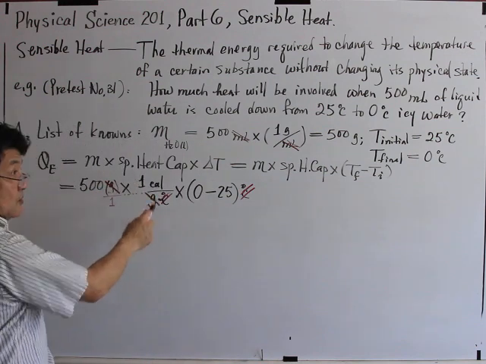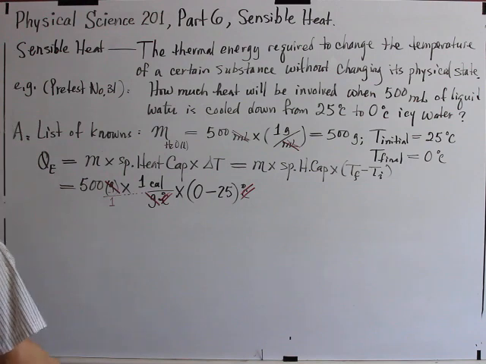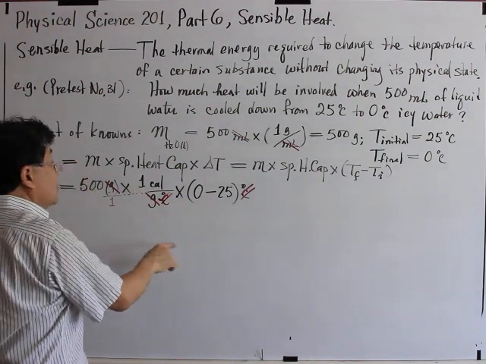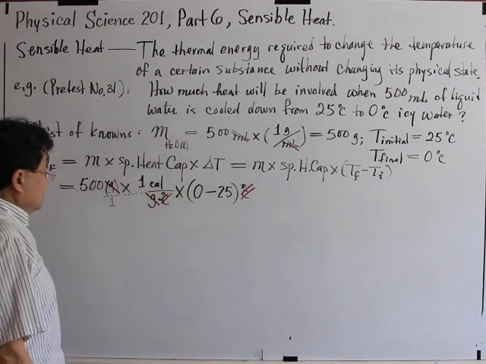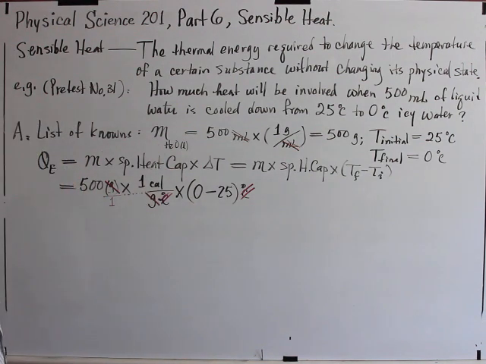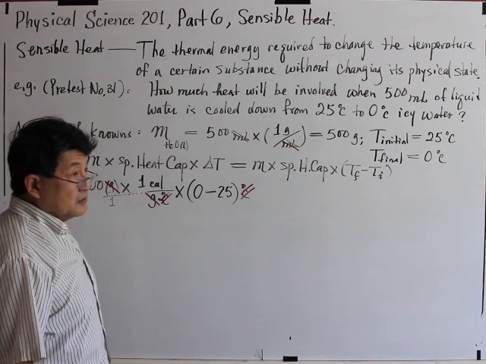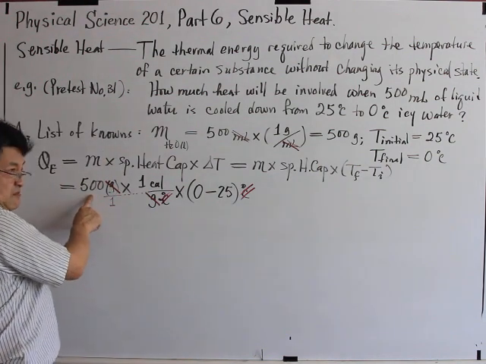Now what is left over is the calorie. That's all we need. So what is the final? The final will be 500 multiplied by 1, still 500, and multiplied by negative 25. Now how can we figure it out? Use mental math, not a calculator. Double it, becomes 1,000.